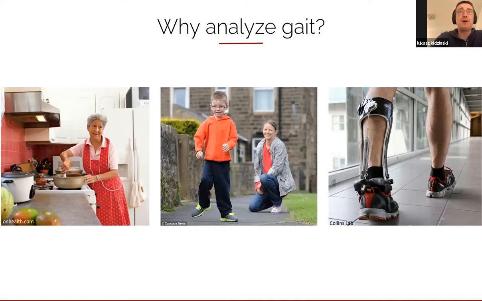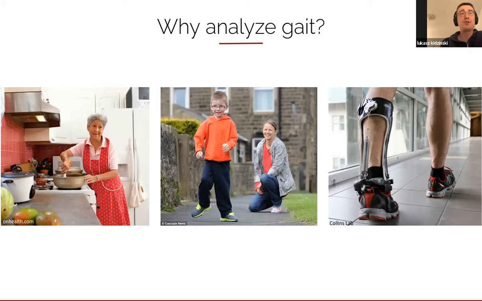The first motivation for analyzing gait is coming from neurological disorders. Most of the neurological disorders, such as Parkinson's disease and Alzheimer's disease, normally cause some form of impairment of movement. For patients, that's a problem on its own: they lose their mobility and cannot achieve the everyday tasks they were used to.